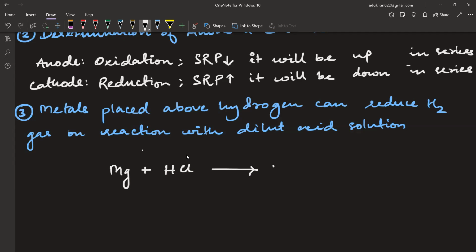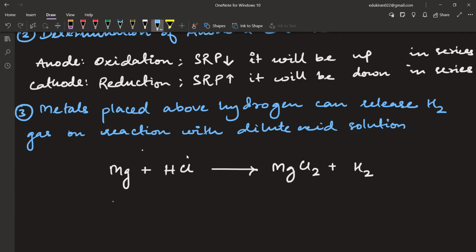Mg will react to form MgCl2 plus H2. Don't write reduce, write release here. Release will be a better word. Release H2 gas on the reaction with dilute acid solution.